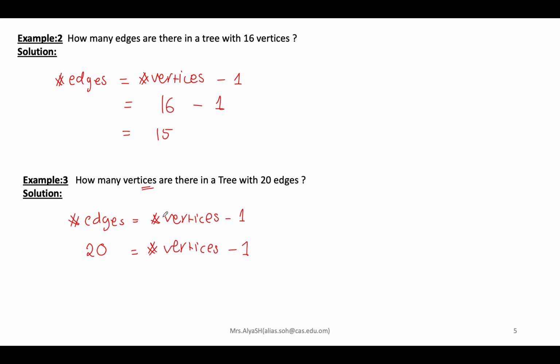So in order to find the number of vertices, we will just move 1 to the other side, which will be equal to 20 plus 1. It should give me the number of vertices. So in this tree, we have got 21 vertices. All right, so the number of edges in any tree is equal to the number of vertices minus 1.